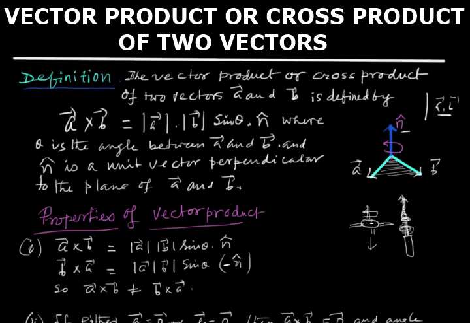If you rotate a fan, we say the wind comes downwards perpendicularly. So this is the effect of vector product.